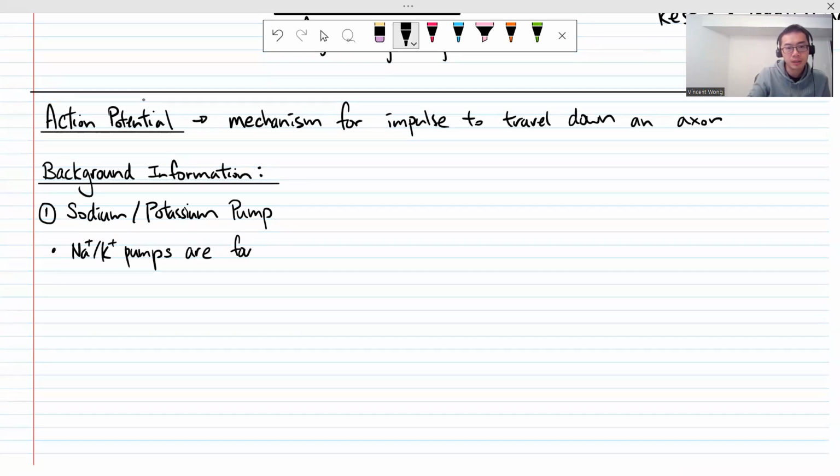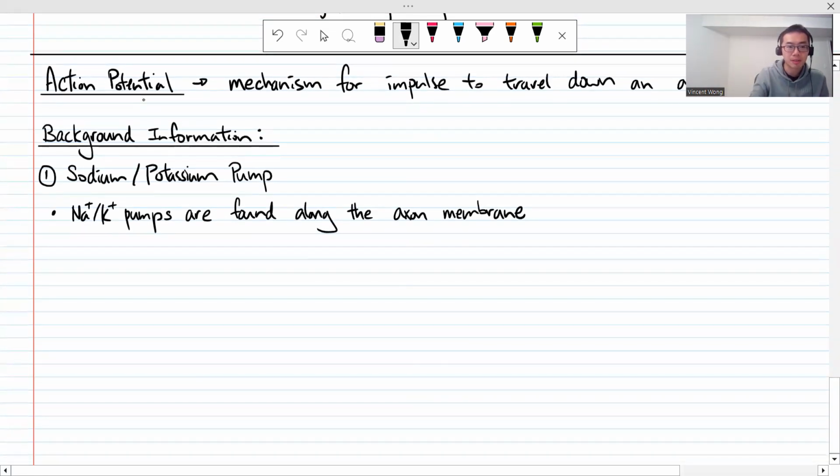are found along the axon membrane. Remember, the axon is part of a cell, and therefore it also has a membrane, right? So along the cell membrane, you would have these sodium potassium pumps.